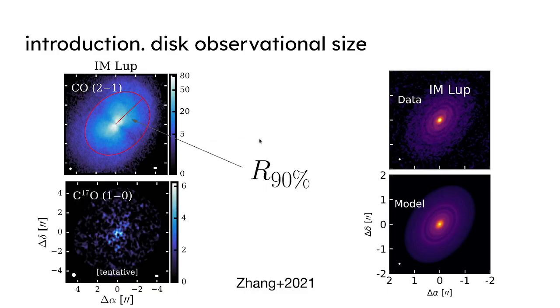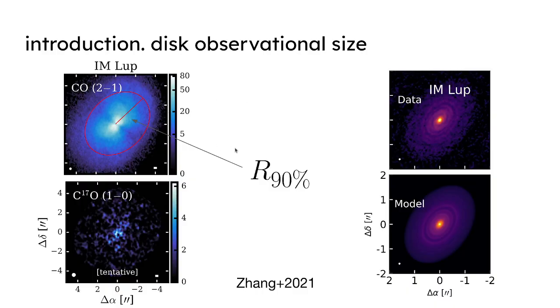You can see that by looking at the other panels: the R90 for CO 2-1 and C17O 1-0 are very different, and it is also different for dust continuum emission. You can see that there are different scales. This image is 10 arcseconds wide, this one is 4 arcseconds wide. So the disk in the dust is much smaller than the gas disk in CO.